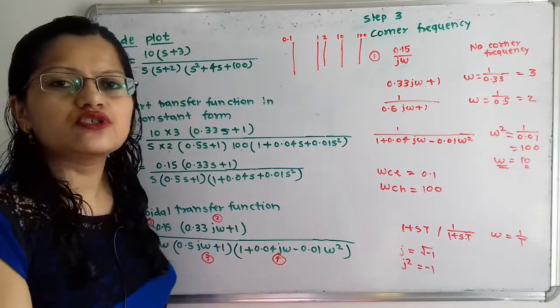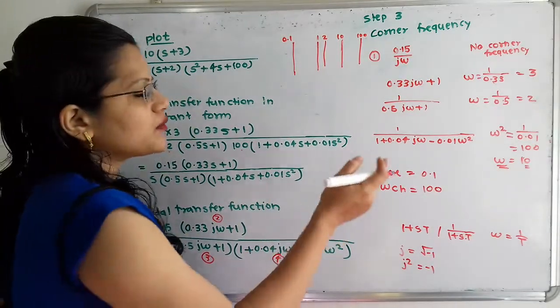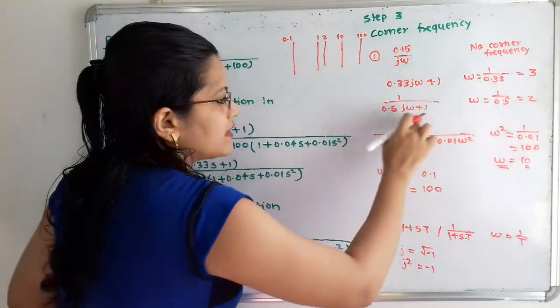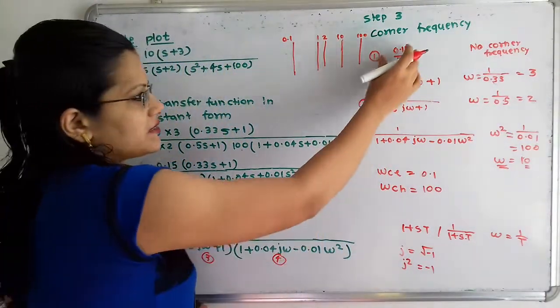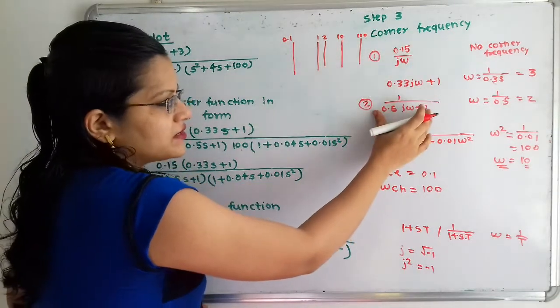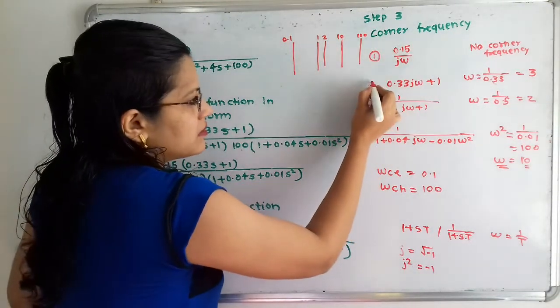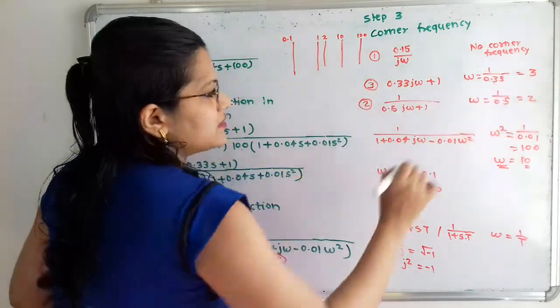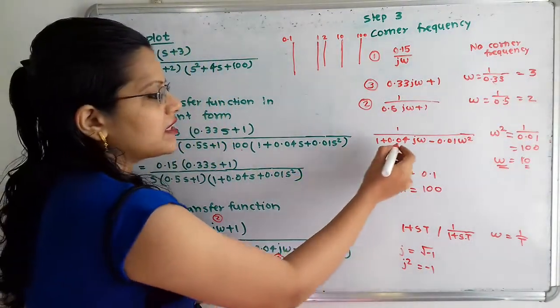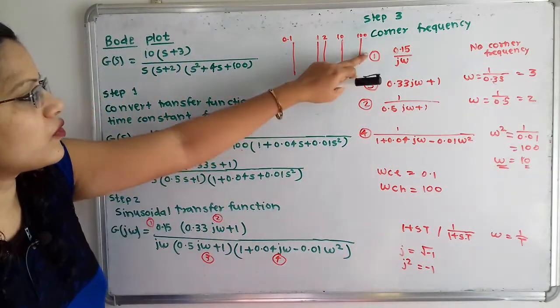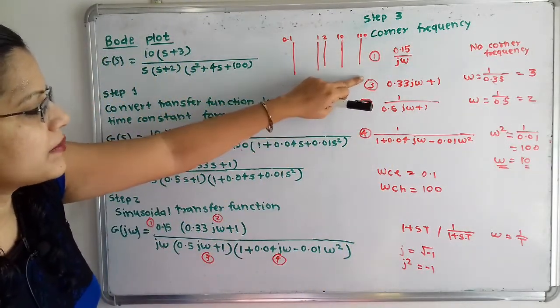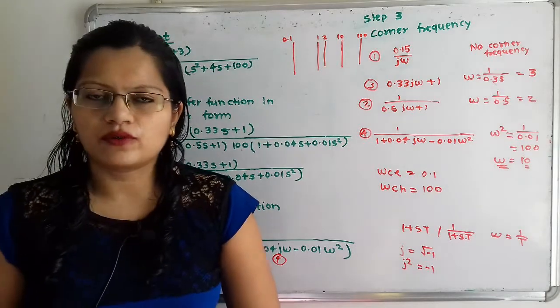Then how can we choose the second term? We have to select the minimum corner frequency, so this will be the second term. After this term we write this term, then the third term, and the last one is the maximum corner frequency, the fourth term. So we have to follow this order: number 1, number 2, number 3 and number 4.